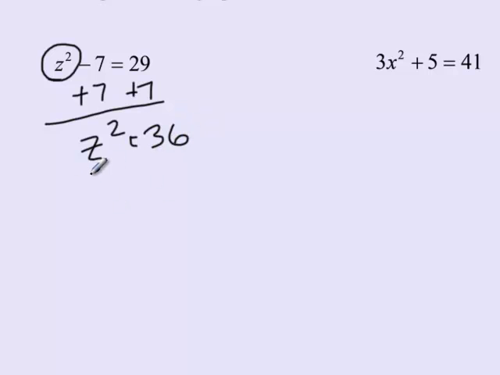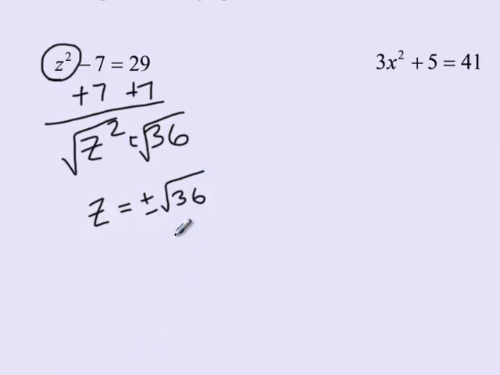Now, to undo a square, we square root. So I'm going to square root the left side and square root the right side. And whenever we use square roots to solve an equation, we have to use plus or minus. So I get z equals plus or minus the square root of 36. Now I'm almost finished, but I need to simplify that a little bit more.